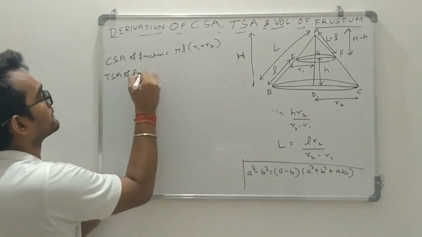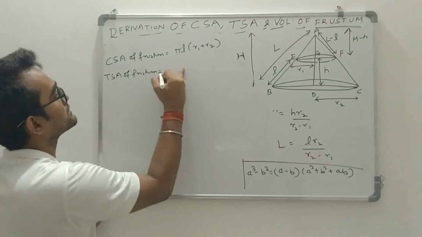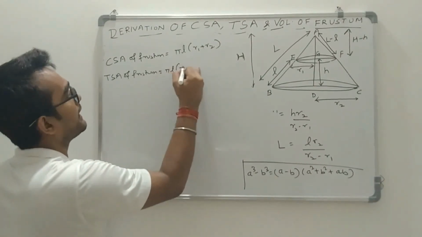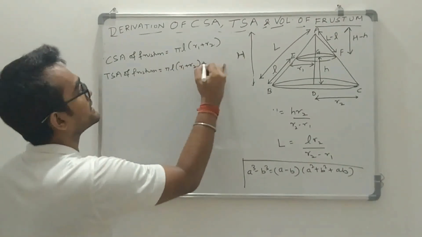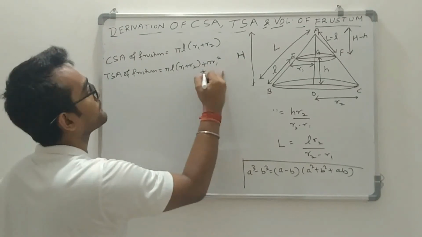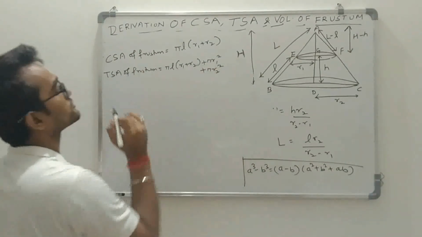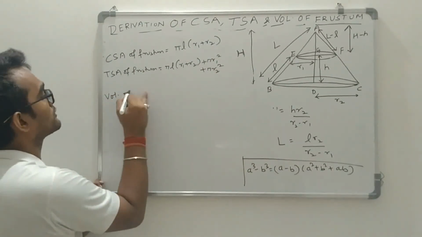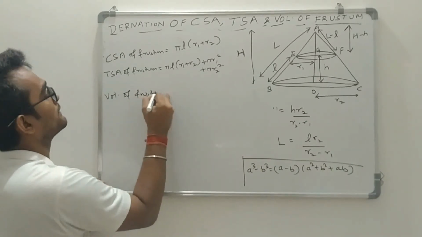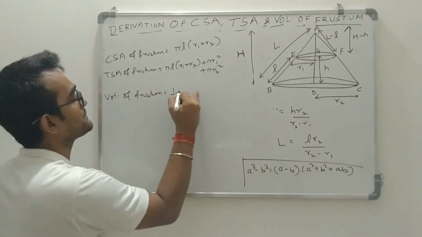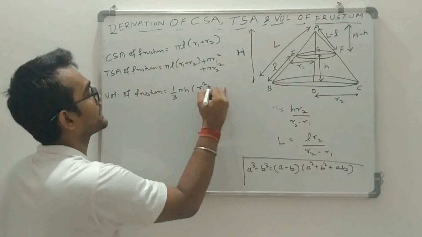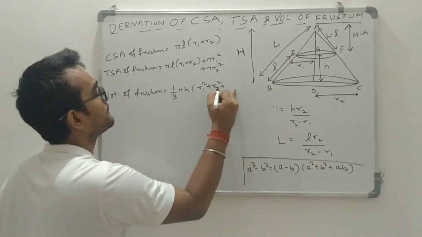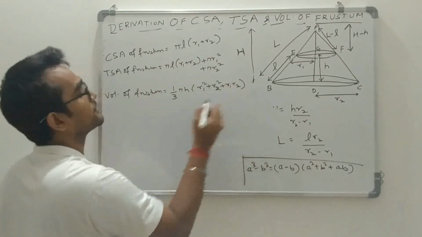TSA of frustum: pi L (R1 plus R2) plus pi R1 square plus pi R2 square. And the last formula was the volume of frustum, which I derived as 1 by 3 pi h (R1 square plus R2 square plus R1 R2).